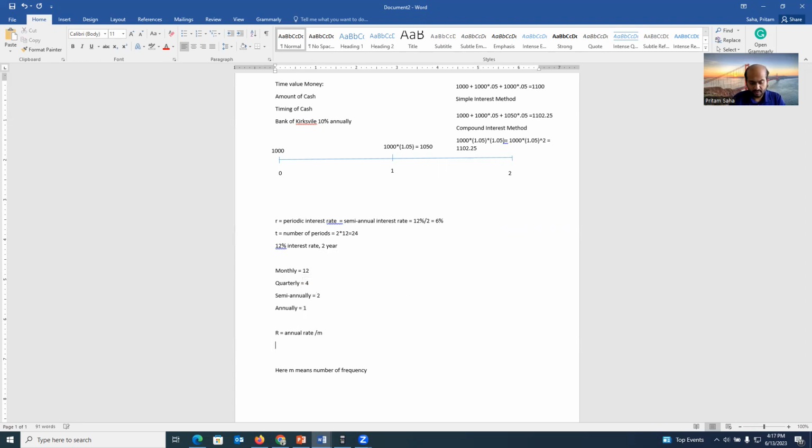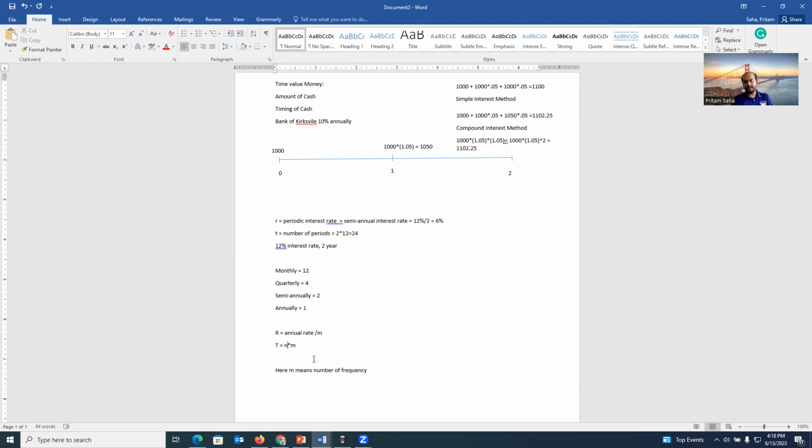Now, T means N times M. N means number of years. M means compounding frequency. Different books use big N, some people use small n, doesn't matter. Just understand the process. R means periodic rate: from the annual rate, depending on the number of frequency in a year, convert it to periodic rate.